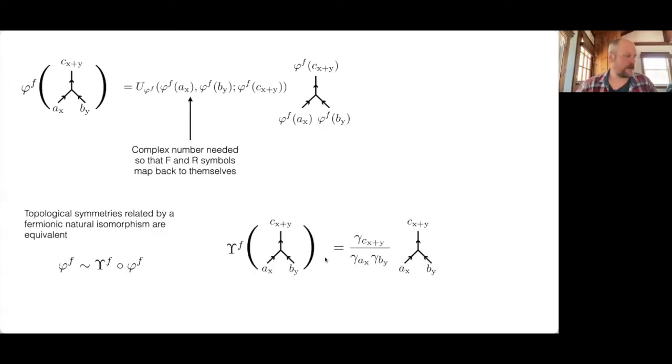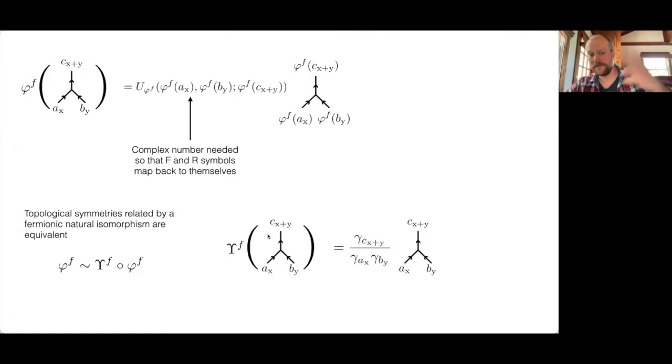Moreover, we will add an equivalence relation on our topological symmetries, which are defined by the fermionic natural isomorphisms. So we'll say two topological symmetries are equivalent if they're related by this so-called fermionic natural isomorphism, which itself is a fermionic topological symmetry, but it acts in a very simple way.